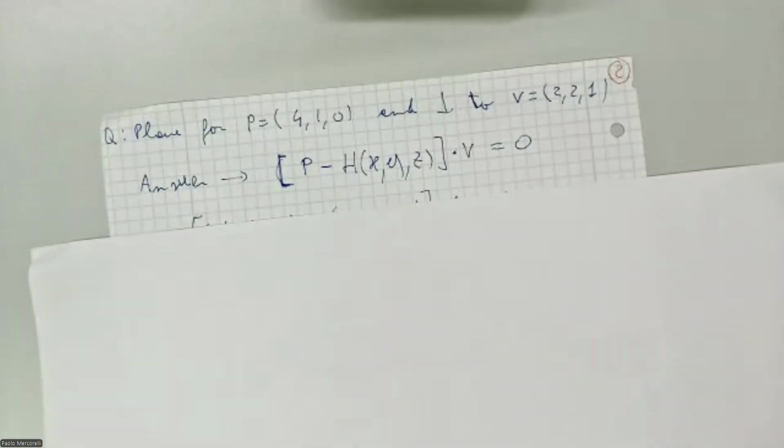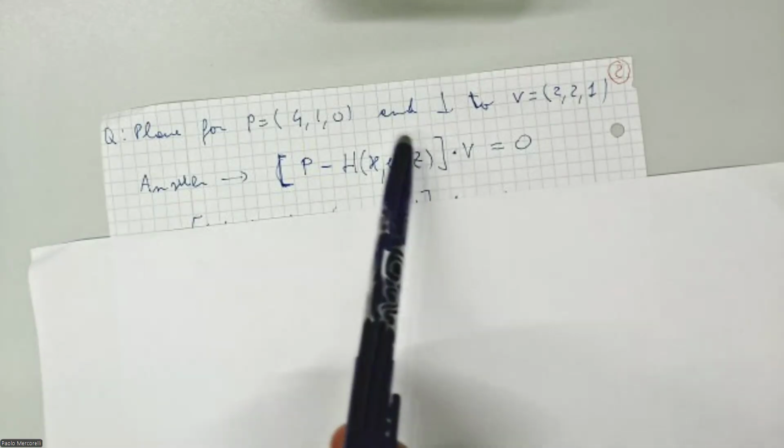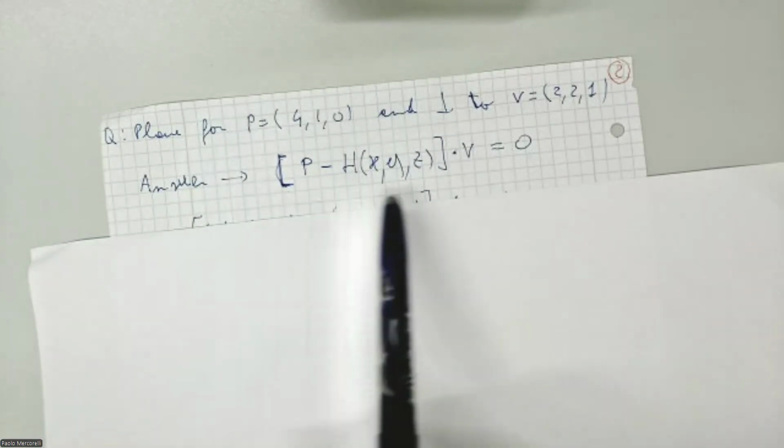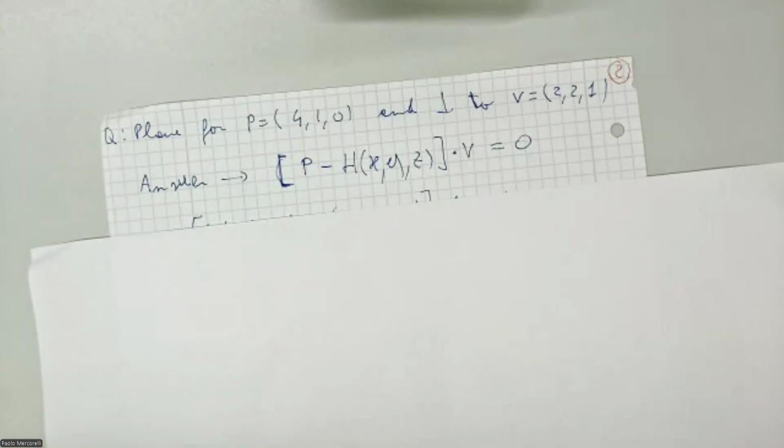I recall the definition of orthogonality between two elements. We have seen two vectors, but here, nevertheless, we have a vector because all points which belong to the plane, a point is also a vector, do you remember?